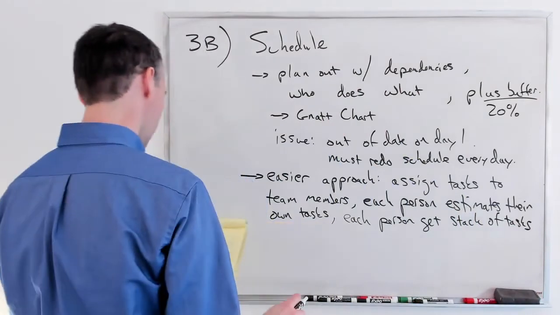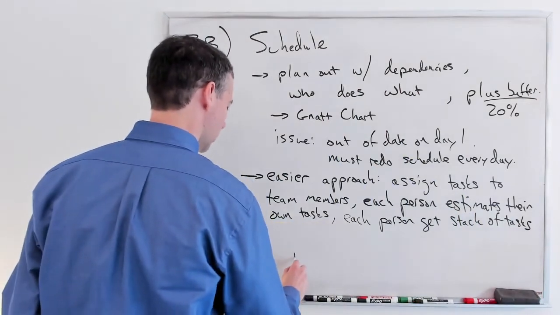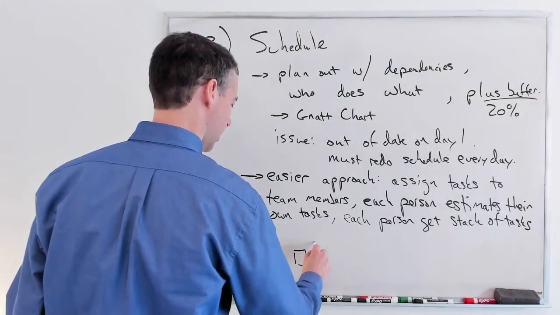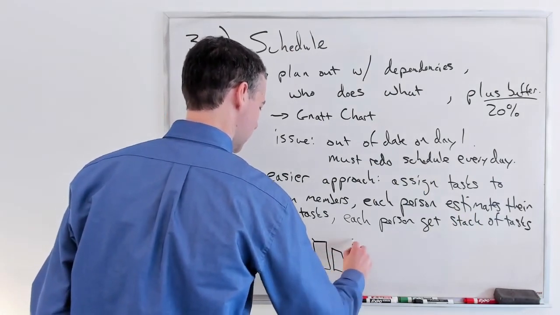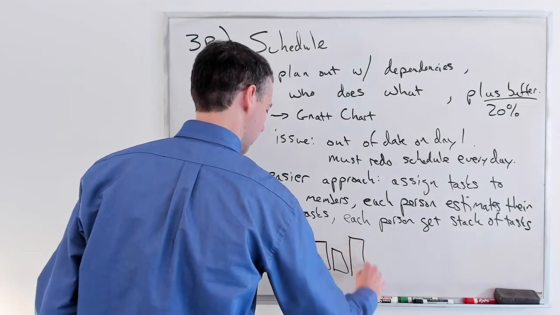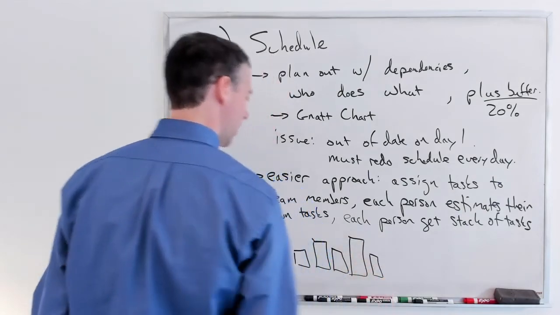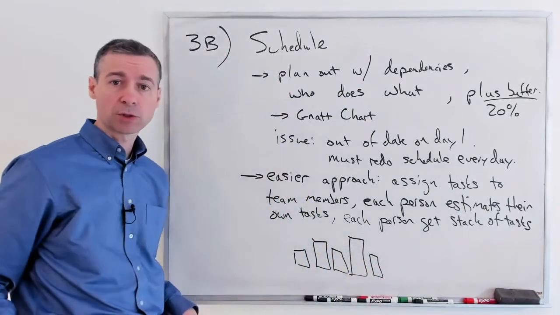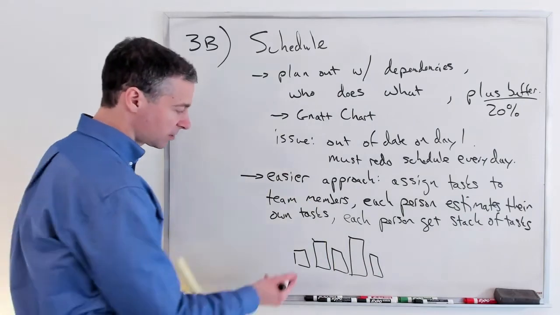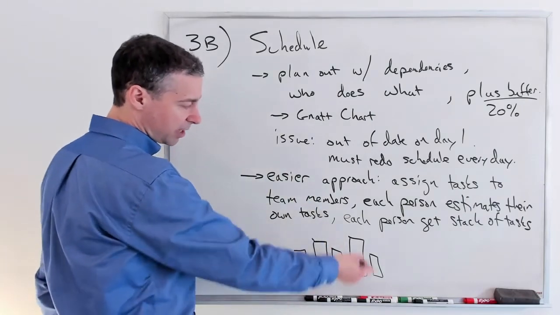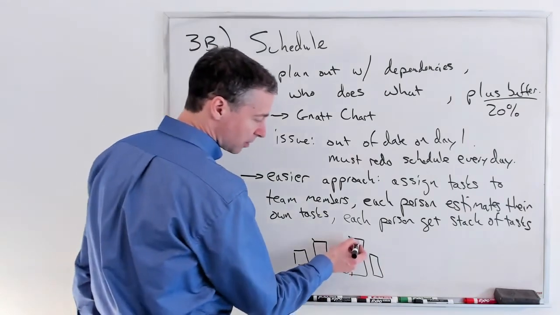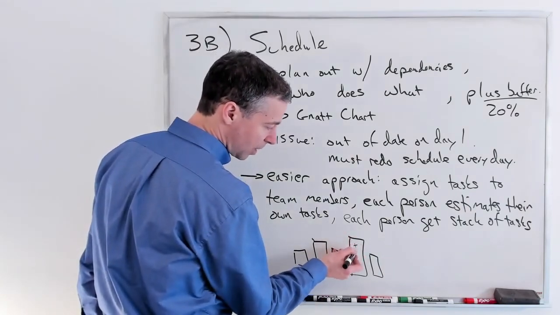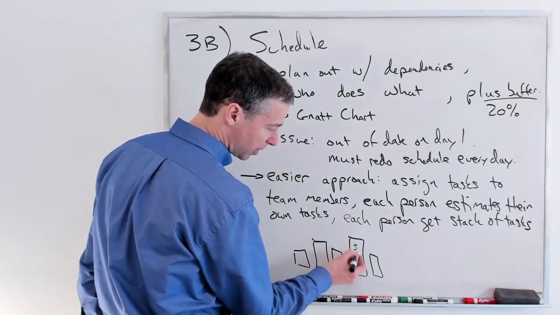All right. And the idea would be, one person's got this stack, another person's got this stack, another person's got a stack like this, and so forth. And what you do as a project coordinator is, this height of the stack is how many tasks they have, as well as, the truth is, the sum from top to bottom is the total amount of time.